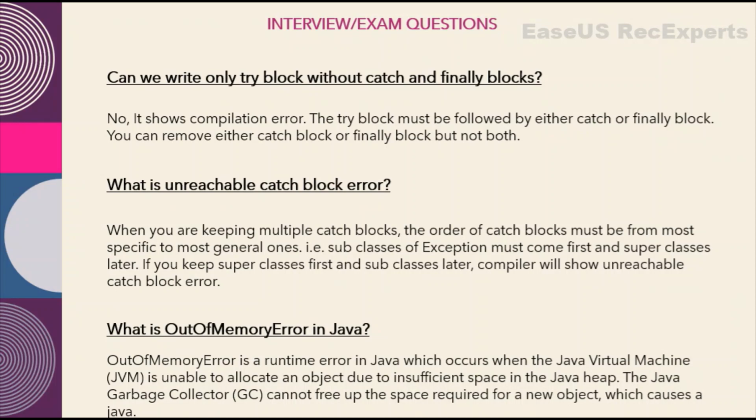Out of memory error is a runtime error in Java, which occurs when the JVM is unable to allocate memory to an object due to insufficient space in the heap, and the Java garbage collector cannot free up the space required for the new object. Due to this, the application will crash and it will be a fatal error. Application restart will be required.